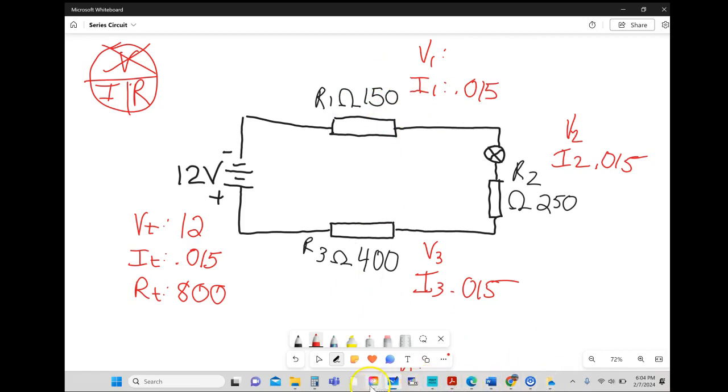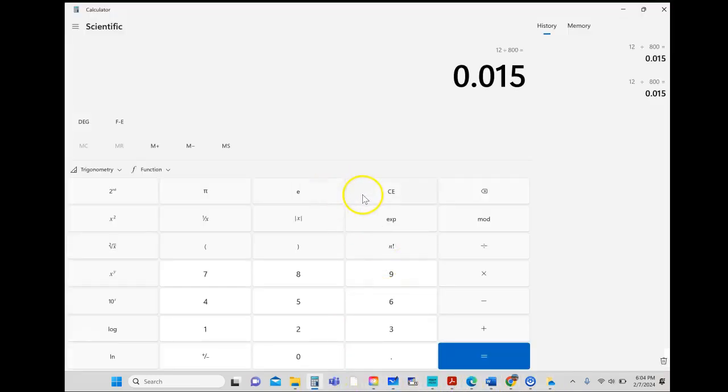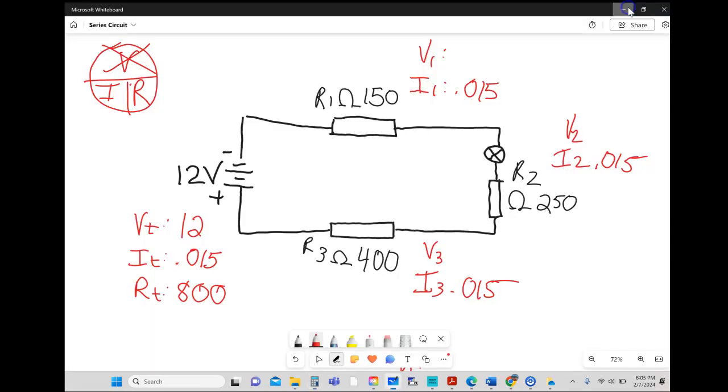Okay, so let's go ahead and get to our calculator. So 0.015 times 150 equals 2.28. Okay, I'm going to write this in, 2.28. This one, I have to do the same thing, except this resistor is 250.